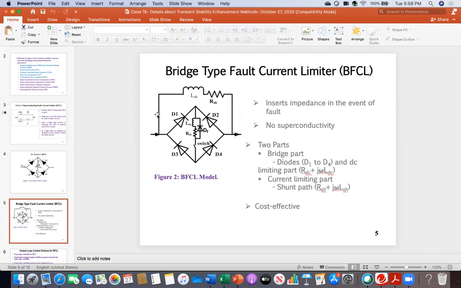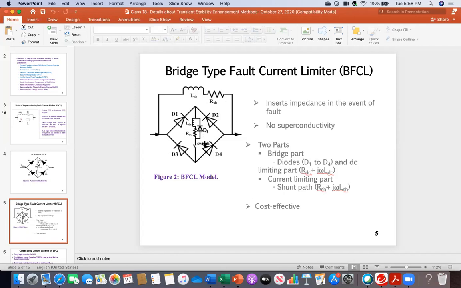And then the new thing you can see is a shunt or parallel path. The LSH, SH stands for the shunt path or the parallel path, LSH together with a resistance, RSH.